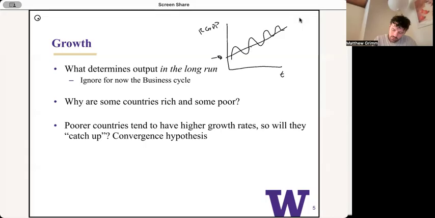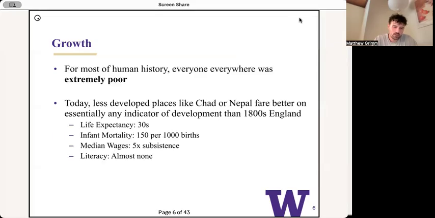If we measure the change in this real GDP, this would be the growth, so maybe from year 2009 to 2010. We'll talk about why some countries are rich, why some are poor, and why poorer countries tend to have higher growth rates. So will they catch up? Then we'll talk about something called the convergence hypothesis.